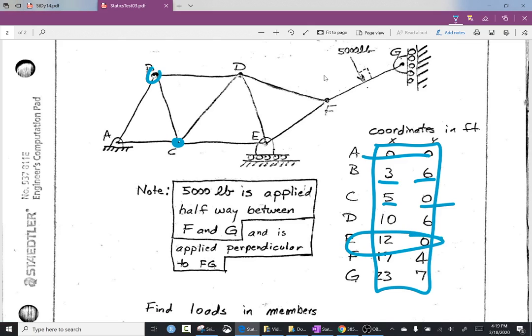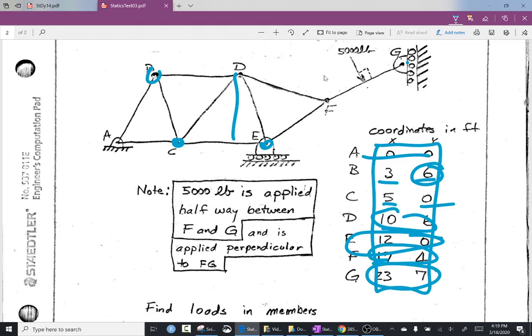Same thing with E sitting here. D on the other hand is 6 up, just like B at the same height. D is moved to the right 10. F is in a strange location, 17 and 4, and G is at 23 and 7.